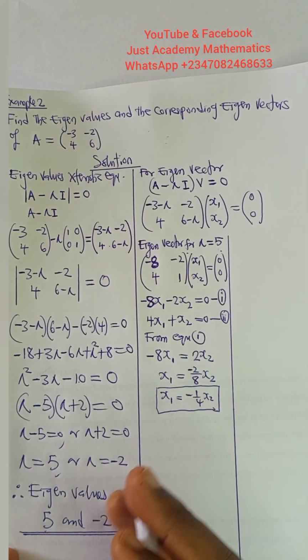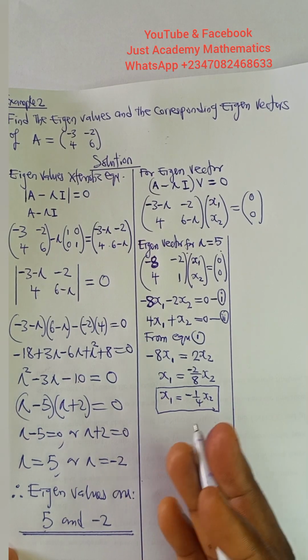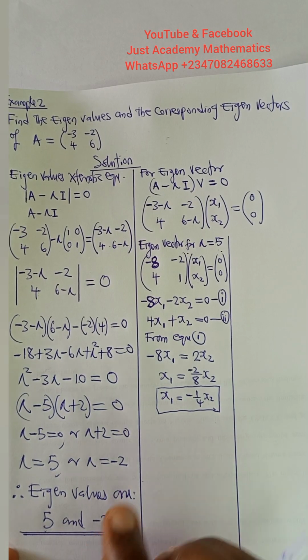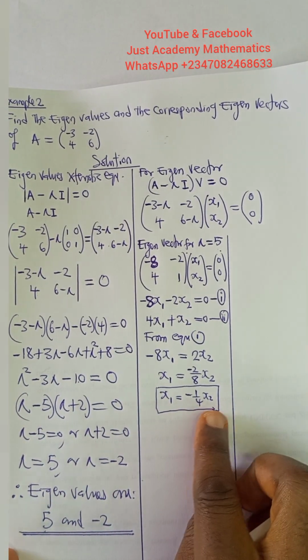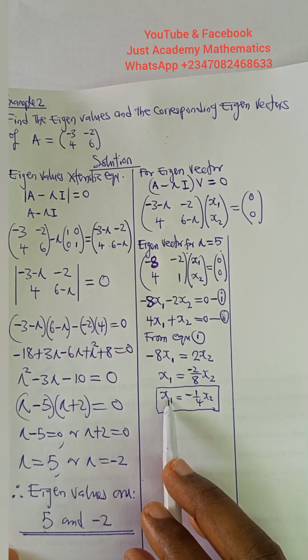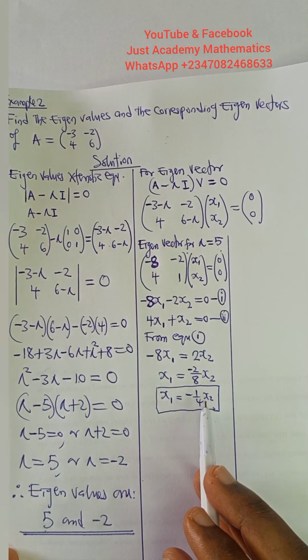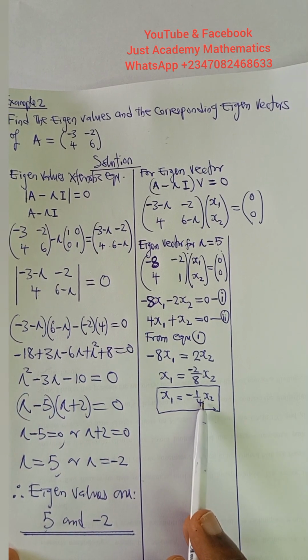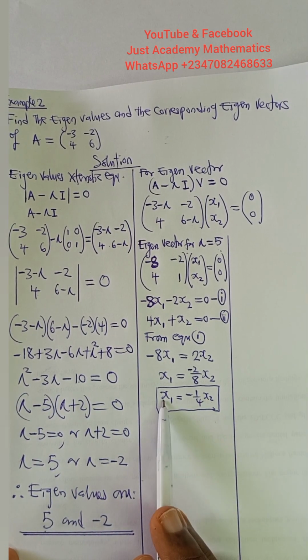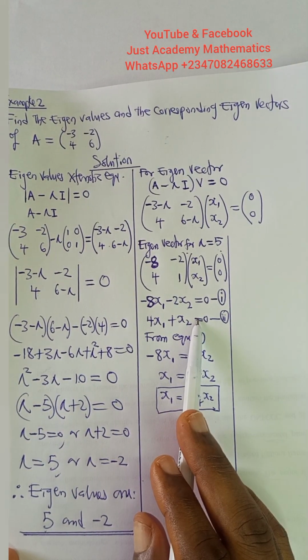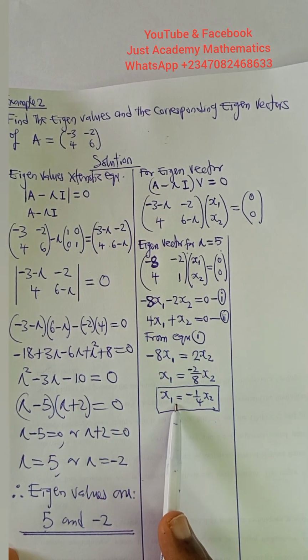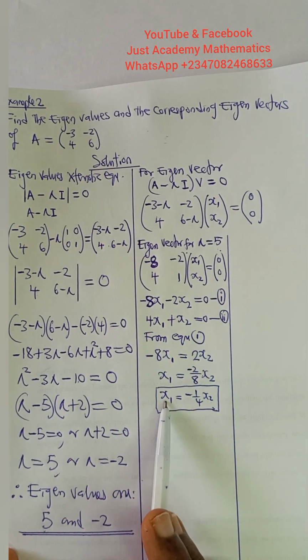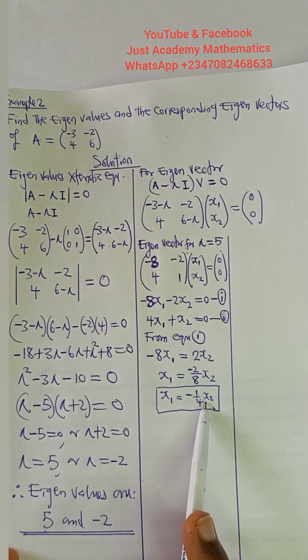Remember, your assignment is not to find the real value of x2, but to find one of them in terms of the other. So since we have gotten x1 in terms of x2, we will also find x2 by substituting x1. Anywhere we see x1 in equation 2, we will replace it with this.